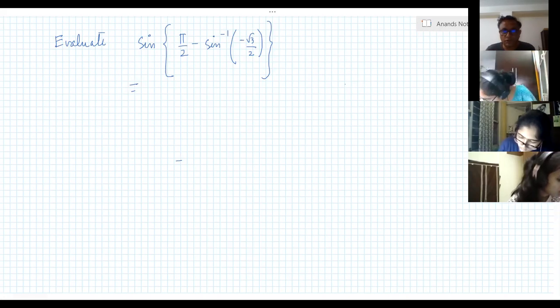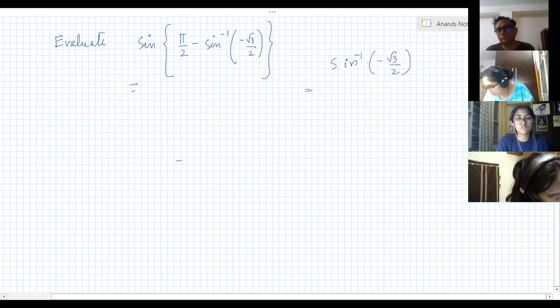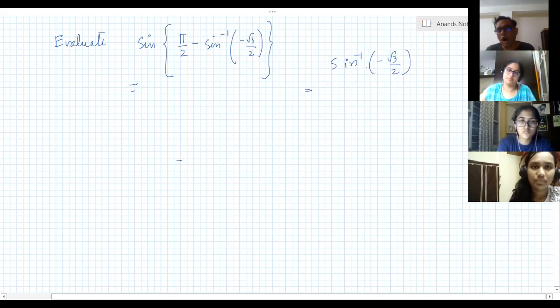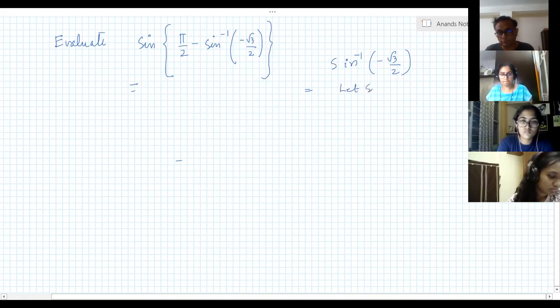So first go for sine inverse of minus root 3 by 2. What do you get for sine inverse of minus root 3 by 2? Minus pi by 3.